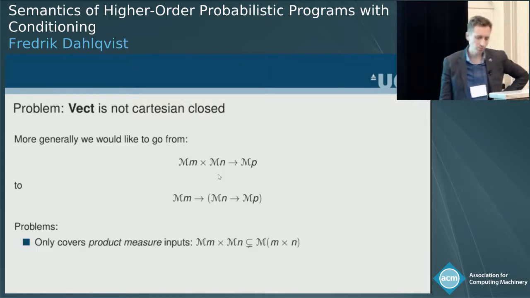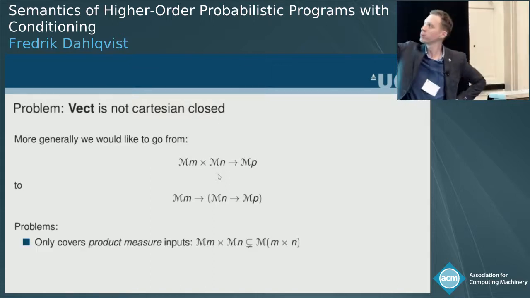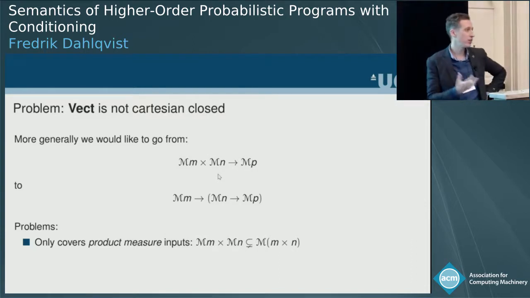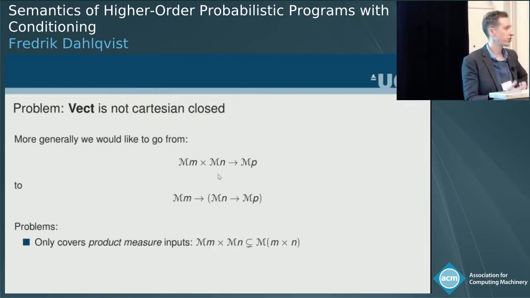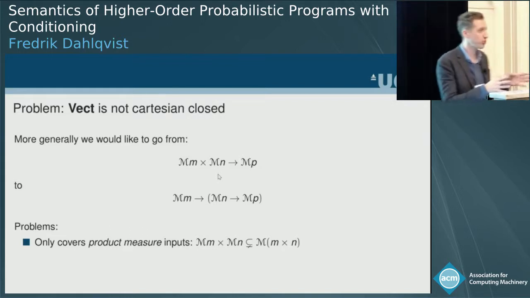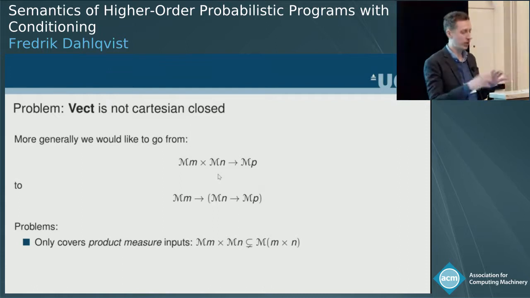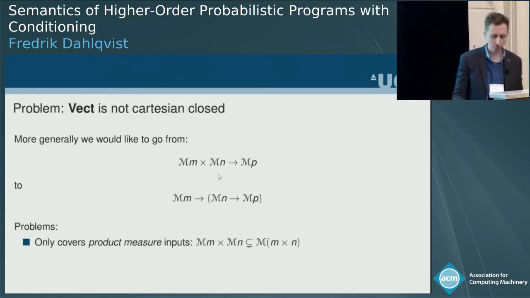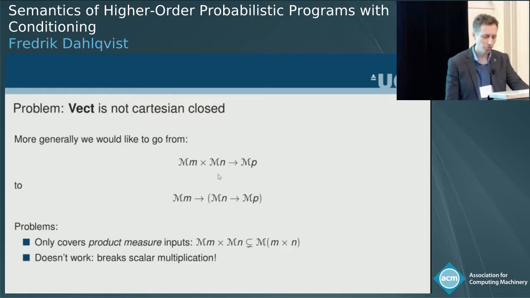The first one is that if you look at the type on the top, I'm only covering product measures. So I'm only looking at certain very special input distributions. By no means do I cover all the possible input distributions. But worse than that is that it just doesn't work. It's going to break scalar multiplication. Vector spaces are not Cartesian closed.